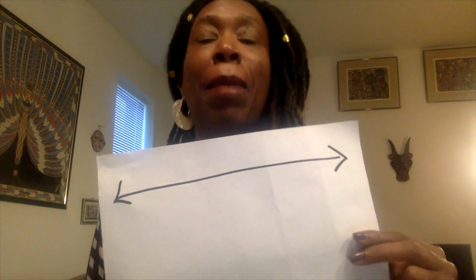Excellent. So remember, first, I'm going to show you a problem. Quick review. If I just showed you a picture of this, what is this called? What is the vocabulary word?